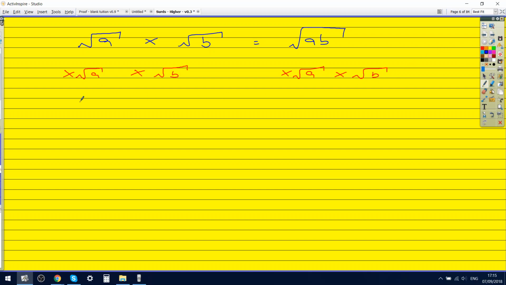You get the square root of A times square root of B, and then times square root of A times square root of B. On the right side?